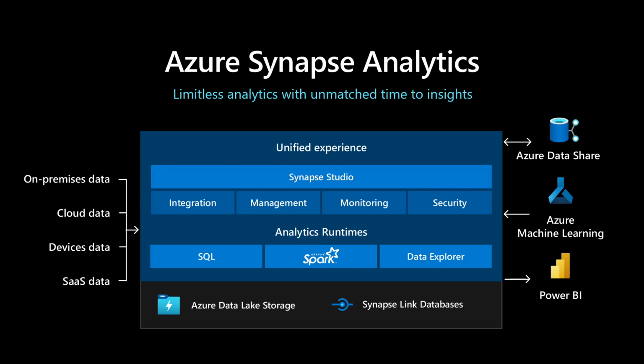So Synapse Analytics, one component of it is what we used to call Azure SQL Data Warehouse, which before that we used to call APS, which before that we used to call PDW, Parallel Data Warehouse. Basically, it's a massively parallel database system. Under the hood, it's 61 SQL databases.